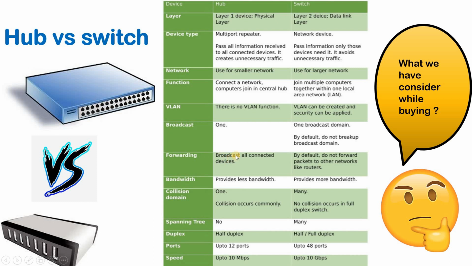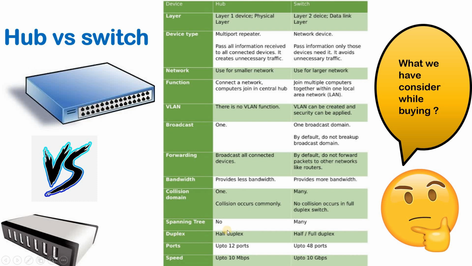The hub broadcasts to all connected devices, but the switch doesn't forward packets to other networks like routers. When we compare the bandwidth of the hub and switch, the switch provides more bandwidth than the hub. When we discuss collisions, collisions occur commonly in a hub, but in a switch collisions do not occur. Spanning tree.